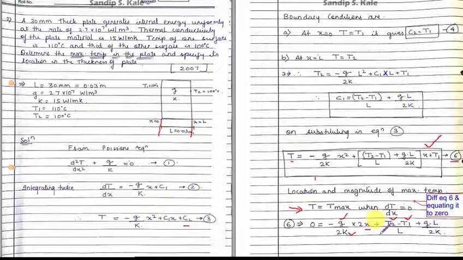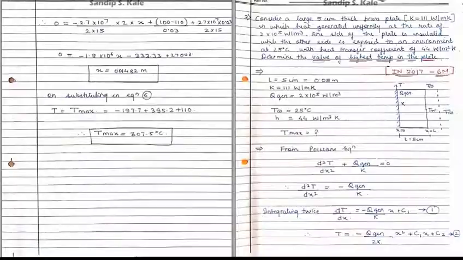This gives the location where the temperature is at its maximum. We will substitute the values and you will get the location. The location is 0.01482 meters. This is the location where the temperature will be maximum.